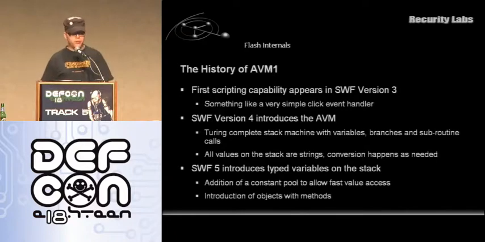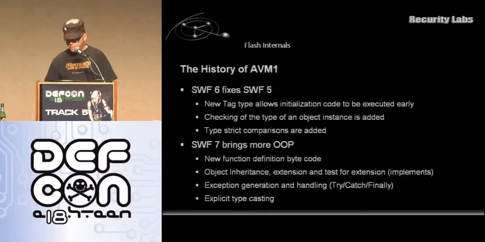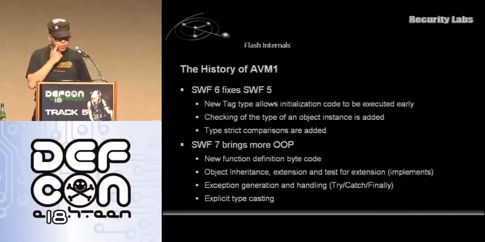In version 5, they realized that's a bad idea, introduced typed variables, and also introduced a constant pool. Someone must have made it through the first 20 pages of the Java specification. And they introduced objects and methods, which, is that good? Yeah. Then in version 6, they discovered that objects actually need to be initialized before they run.